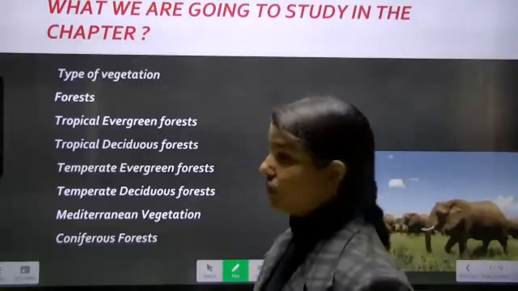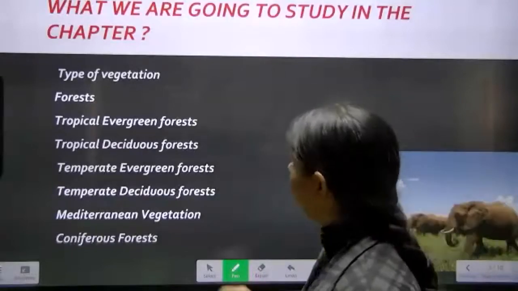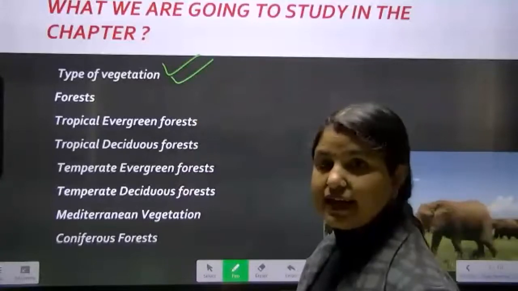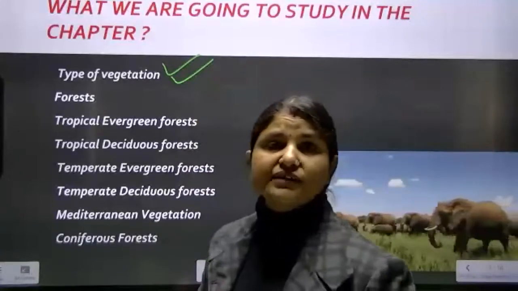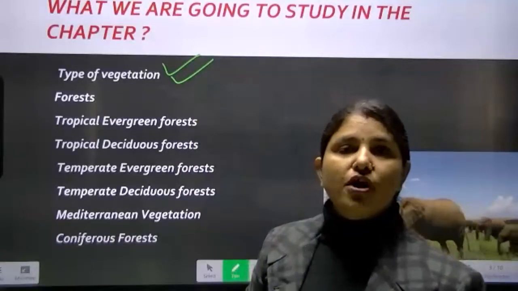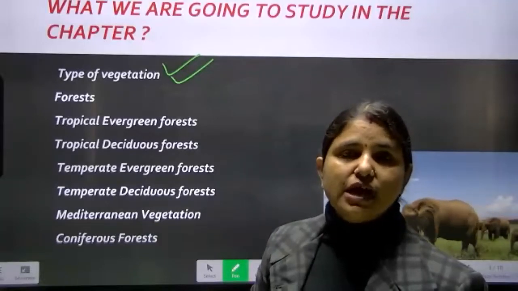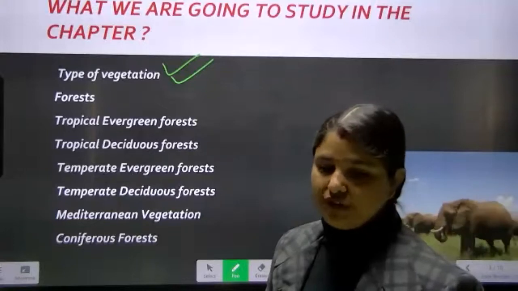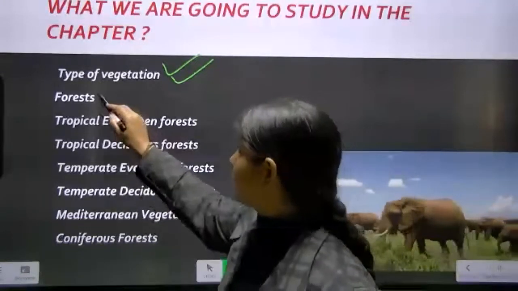Okay? Chaliye, let's see. First of all, we will see the types of vegetation, and in that I will explain the forest, grasslands, and shrubs, three different types of vegetation. Next, we will see forest.